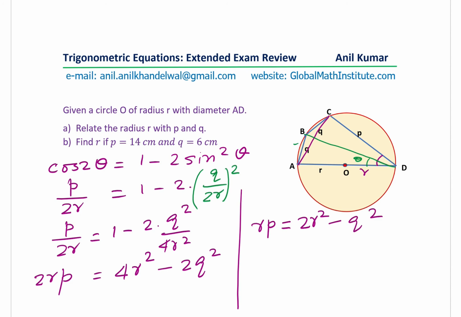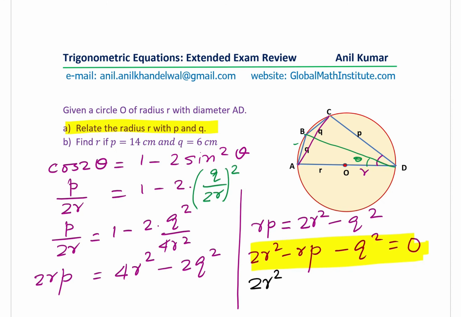Now we can take RP to the right side. So we get 2R squared minus PR minus Q squared equals 0. That is the relation we were looking for. This relates the terms R, P, and Q. Does that make sense? So we can write this as 2R squared minus PR minus Q squared equals 0, with R as our radius.